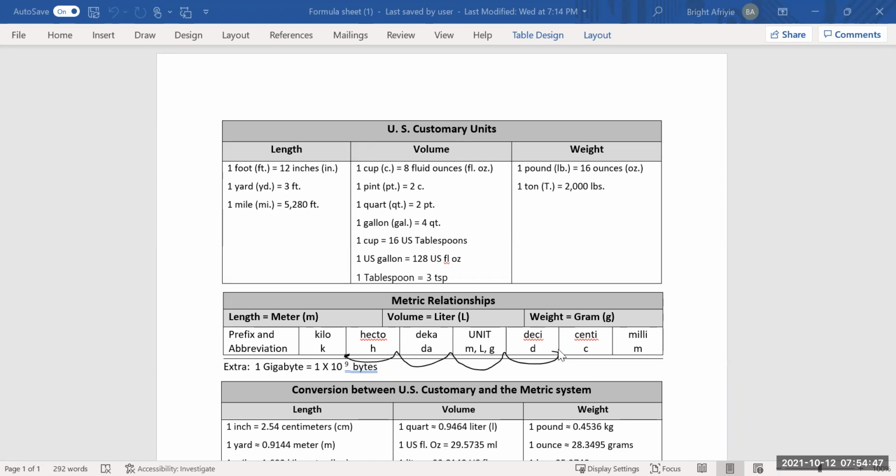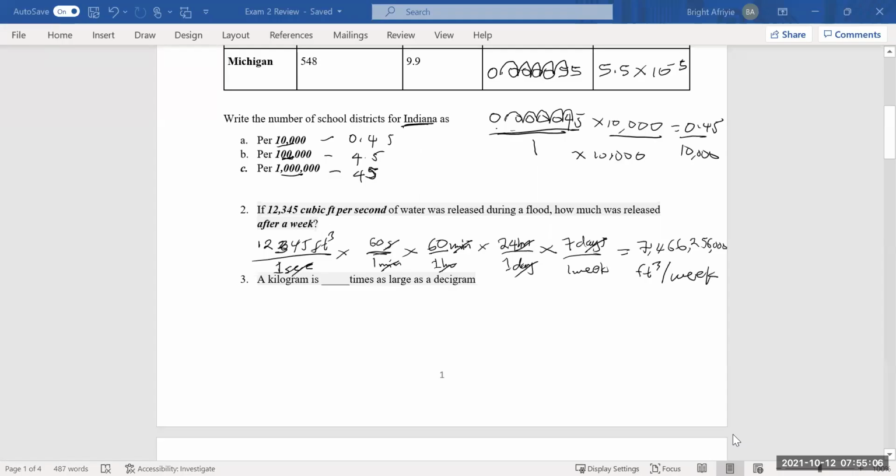So every step we move will take a 0. Every step we move will take a 0. So therefore we have 1 and 4 zeros, and that is what? 10,000. Okay, nice. So that is the answer for question number 3. So that's as simple as that. So we have 10,000.